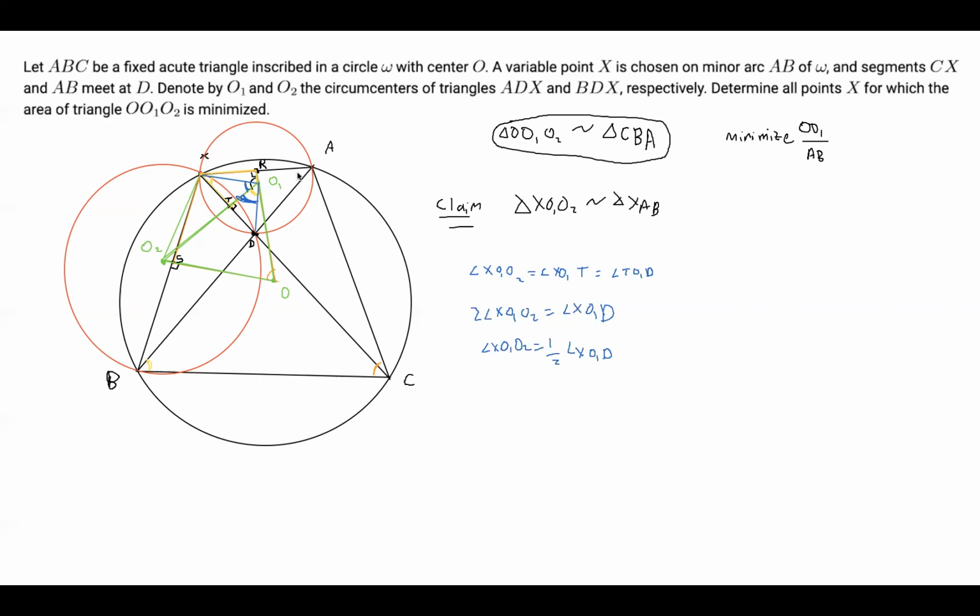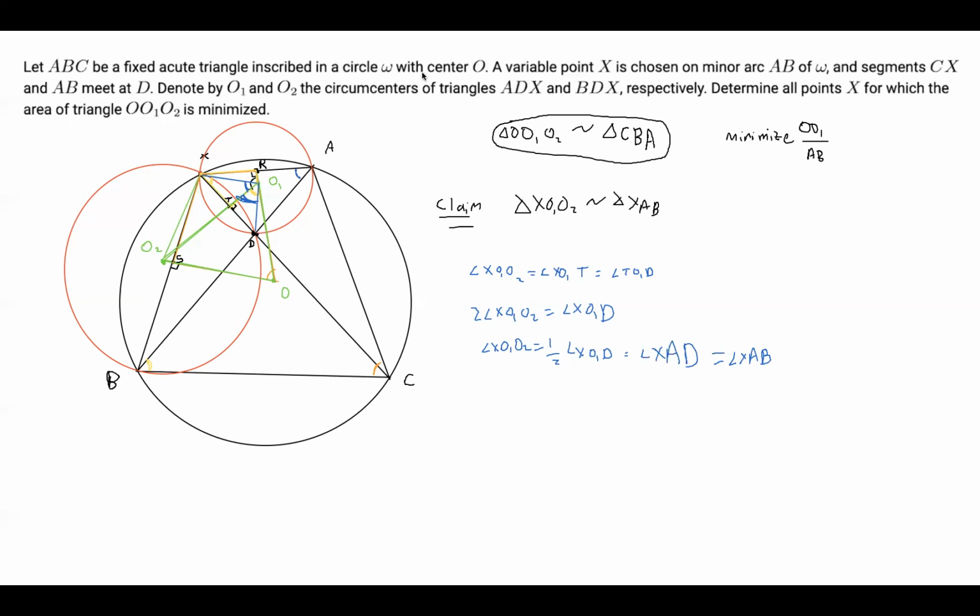Which means that half of the angle is going to be this angle over here, because XAD is an inscribed angle, which is half the arc, right? So half of angle XO1D is equal to angle XAD. Okay? Which is equal to angle XAB. So we've got one equal angle, XO1O2 and XAB.